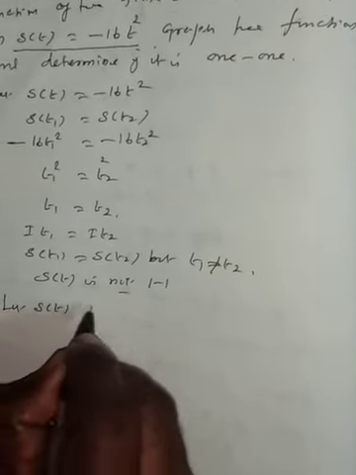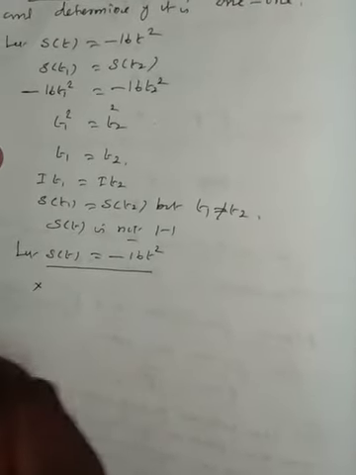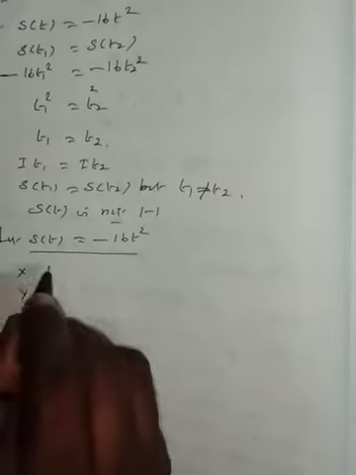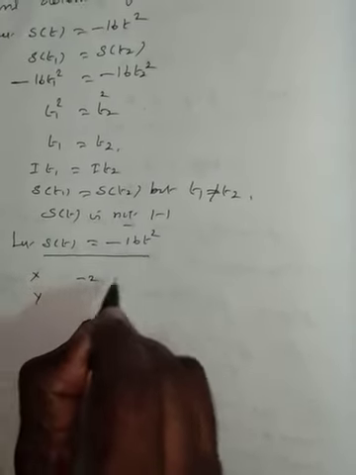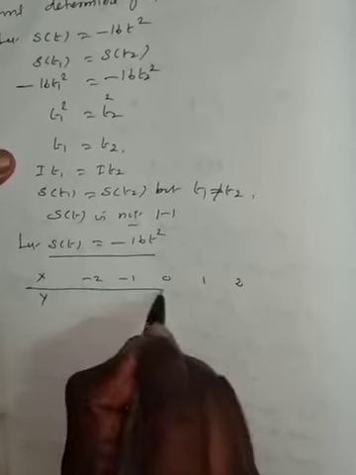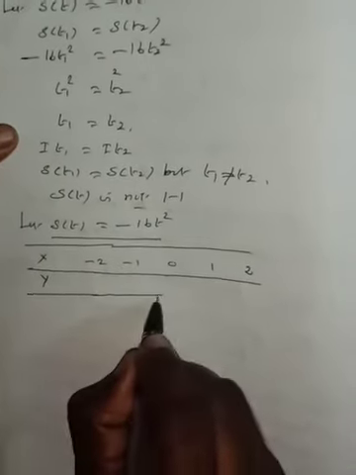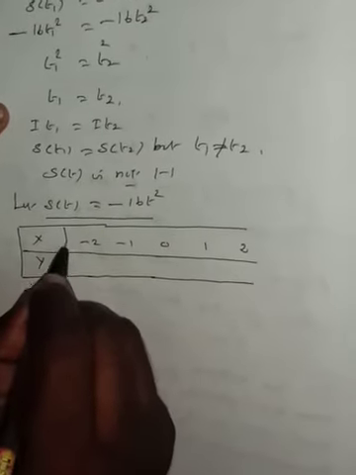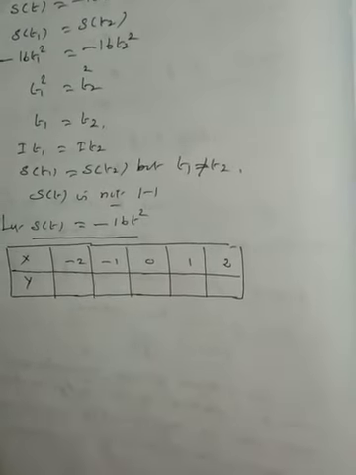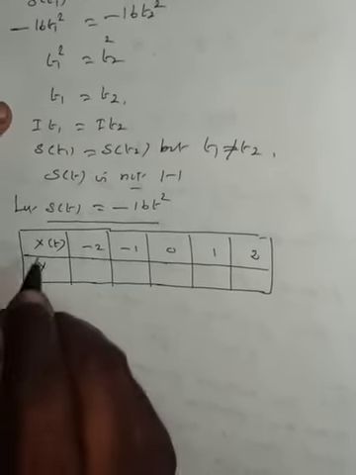s of t is equal to minus 16t square. First find the pairs of points for minus 2, minus 1, 0, 1, 2. x is t, y is s of t.